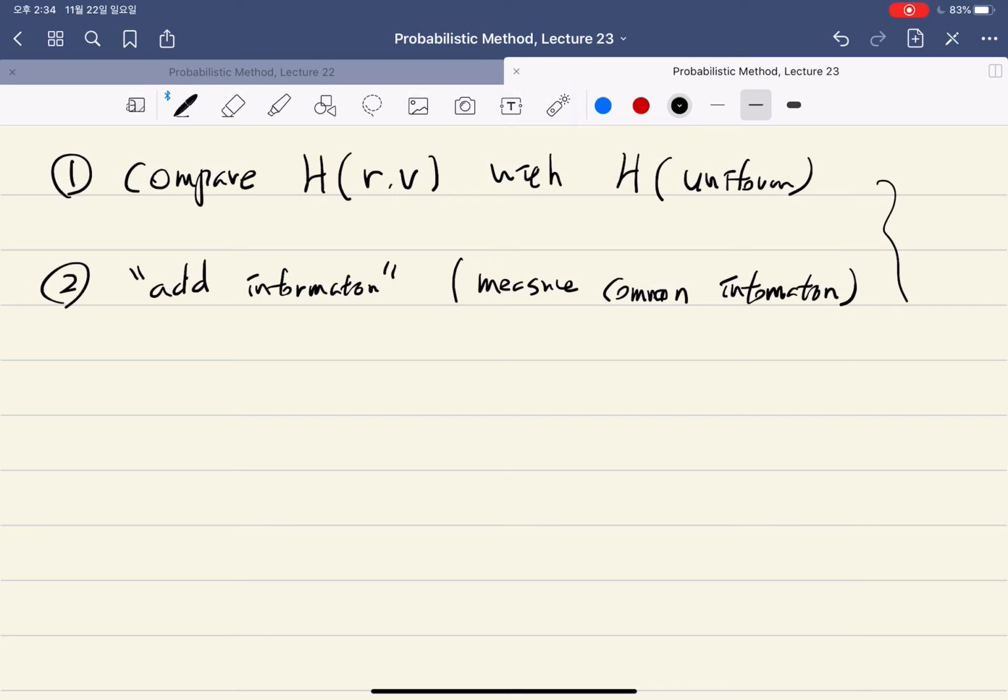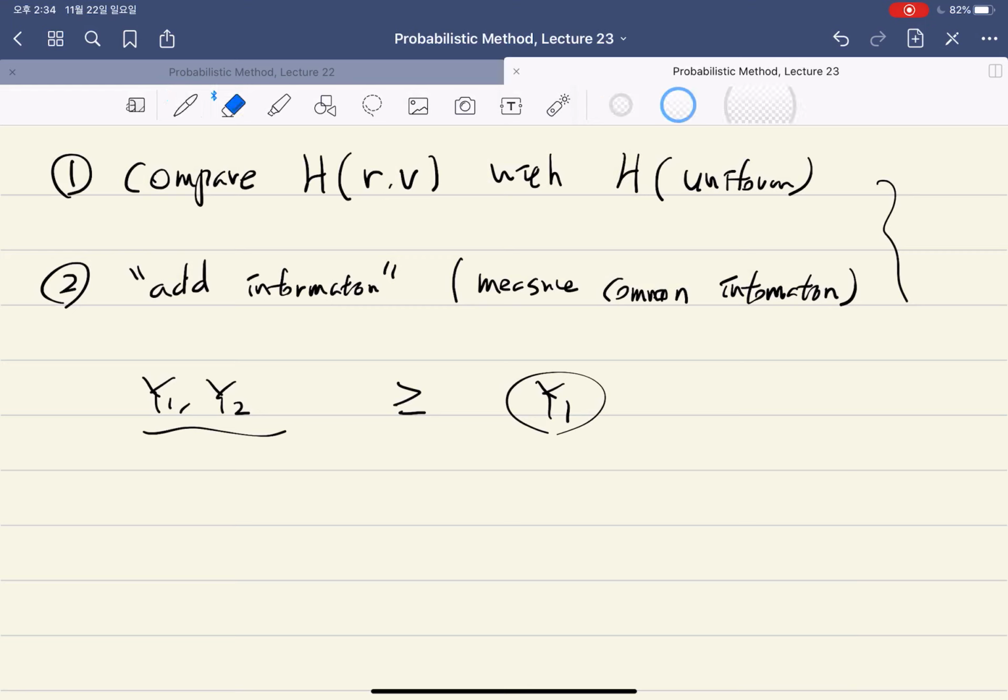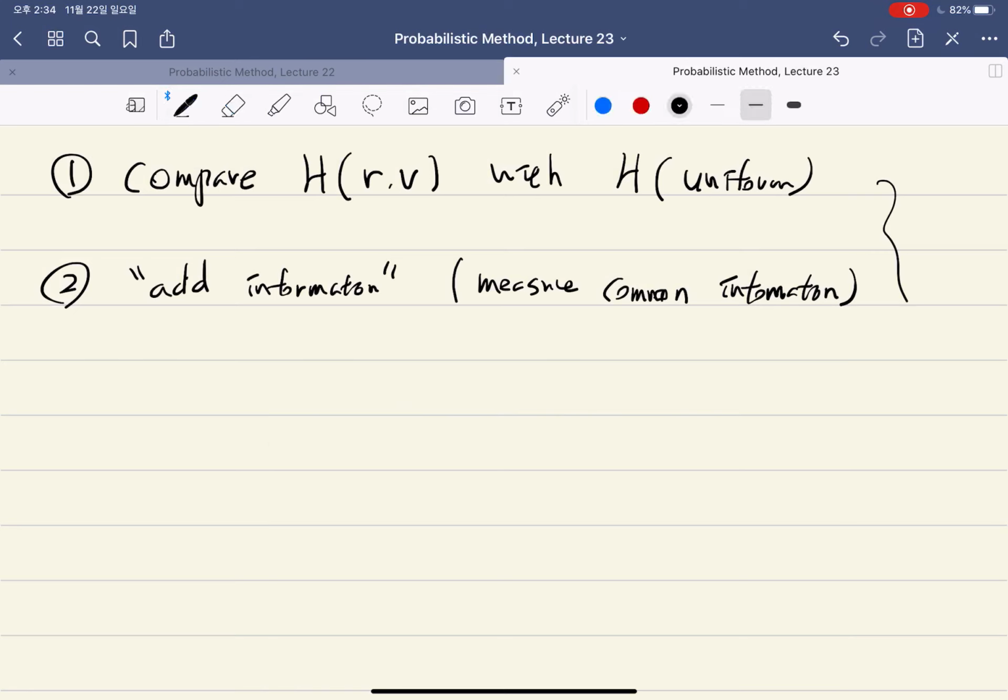In certain situations, one random variable must carry more information than another. For example, if we have two random variables Y1 and Y2, then it might not carry too much information, but it's at least carrying more information than Y1 alone. That's quite intuitive. So we want to prove several such inequalities.